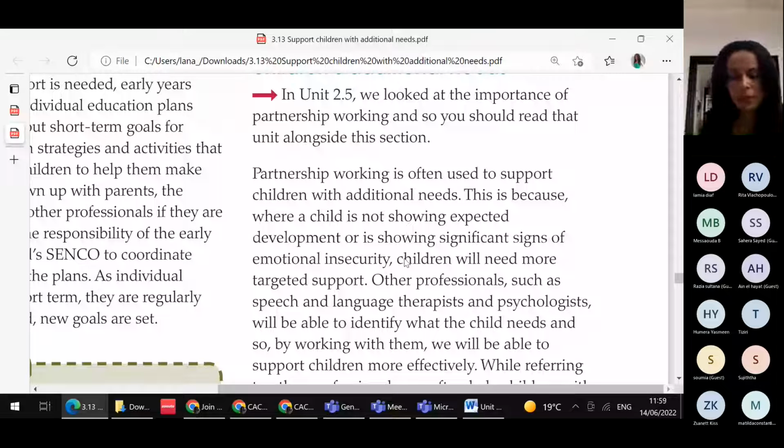So we work with the parents to get all the information we need from them, and we exchange information. We give them information as well. And also we work with the professionals, so the professionals can help the children with their additional needs.